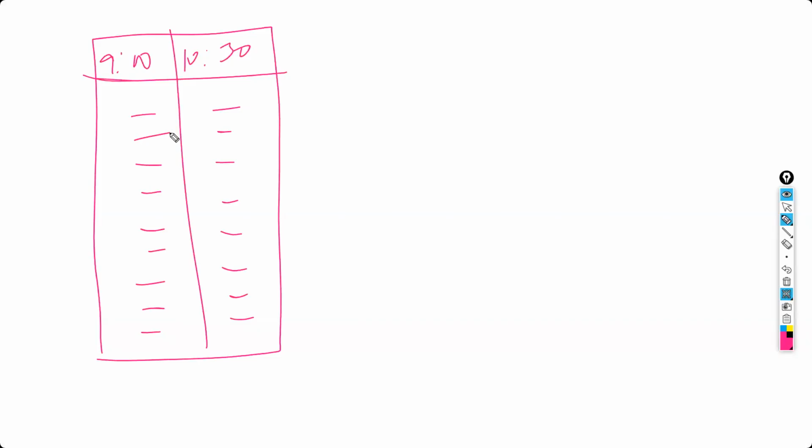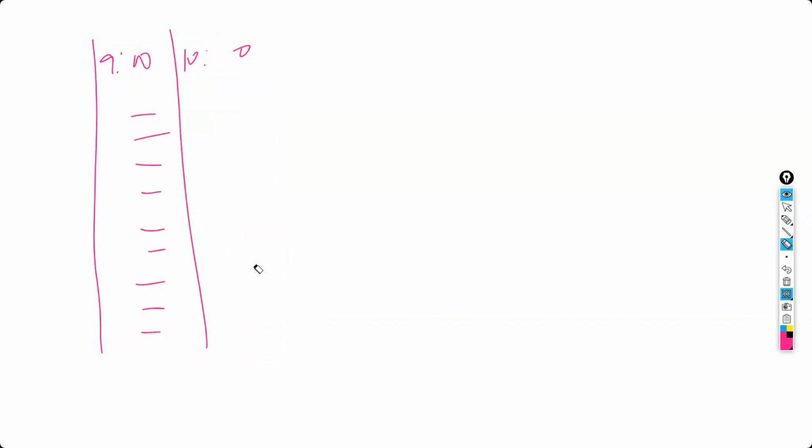I am going to see only the individual 9 a.m. batch, whether their average score is greater than 70 or not. This is my only requirement. I will not consider the 10:30 batch, only the 9 a.m.